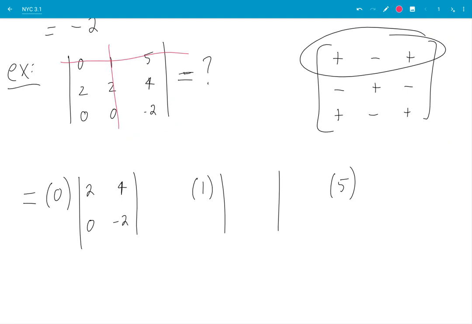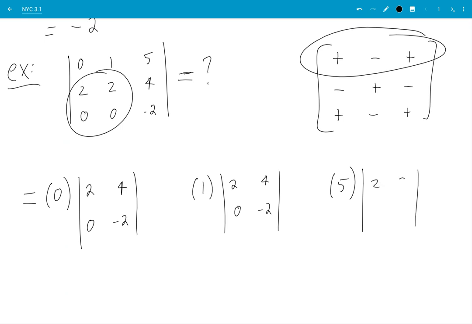I cross out its row, I cross out its column, and what's left? 2, 4, 0, -2. And finally for the 5, you have this determinant here, 2, 2, 0, 0.